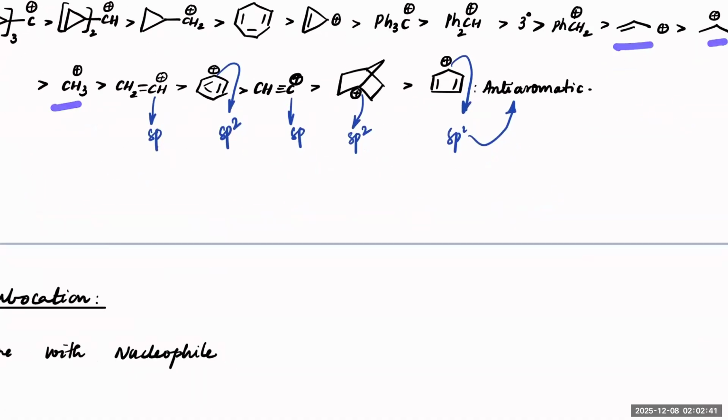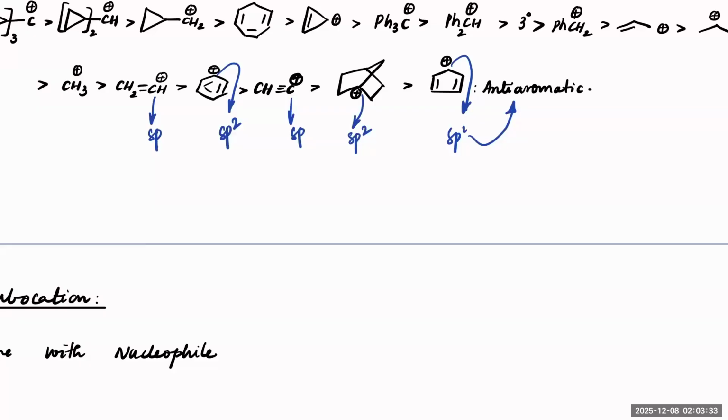Now notice after methyl, if the positive charge starts getting a double bond, it will become highly unstable because now the carbon is sp2 hybridized. And you know that the more the percentage s character, the less will be the stability of carbocations. So you can notice that this is called the vinyl carbocation, and the vinyl carbocation is highly unstable.